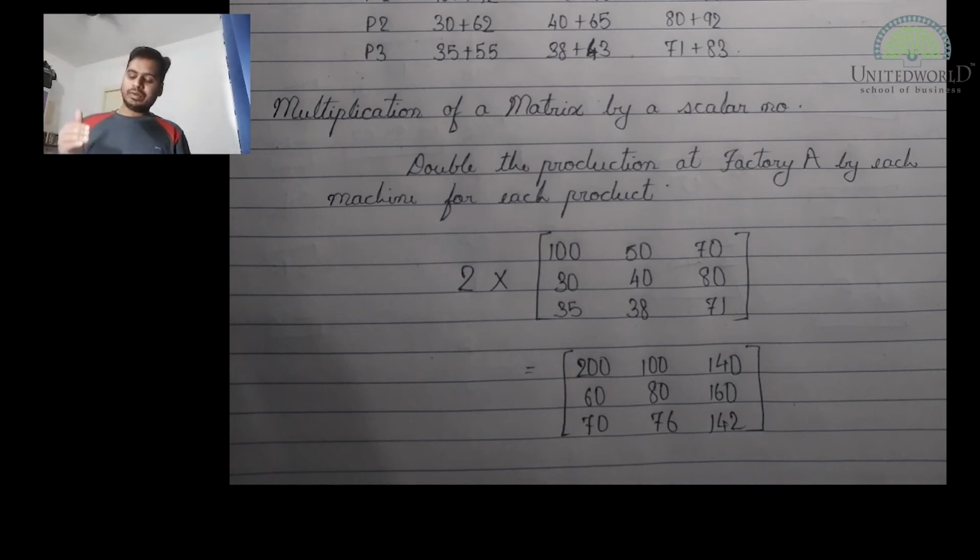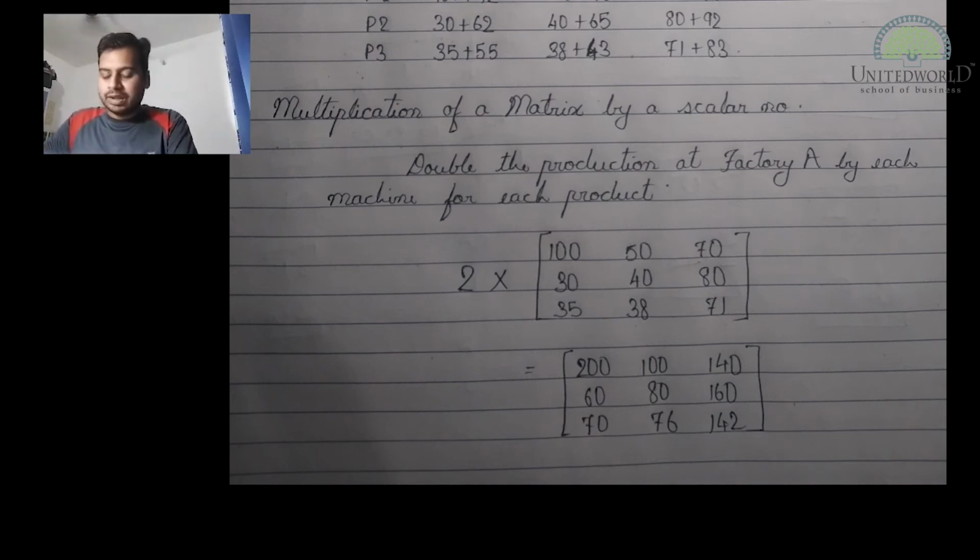This is what it means to multiply a matrix by a scalar number. That's what I was saying, it's basically a scaling up problem. When you multiply the matrix by 2, you are doubling that matrix.